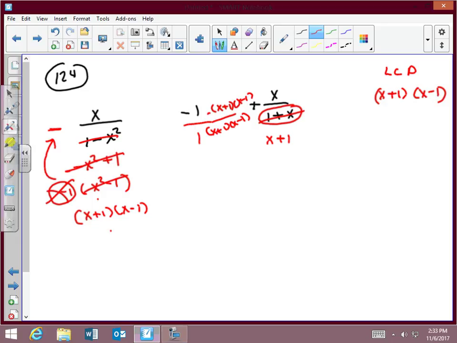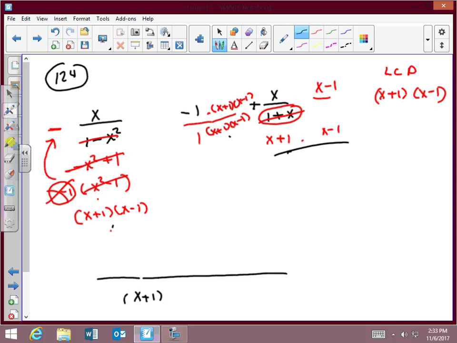What do you have to multiply this one by? x minus 1. So you go x minus 1 and then x minus 1. Now, notice, denominators are all the least common. So you draw a straight line across, you go, it's x plus 1, x minus 1.